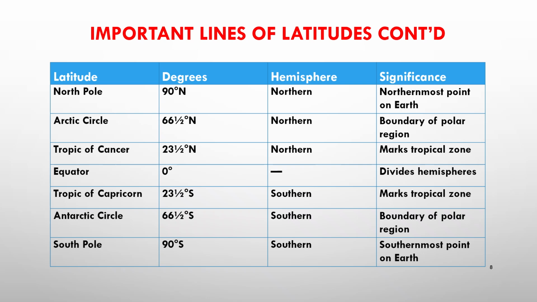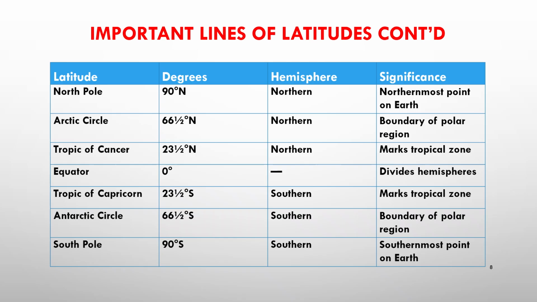Good. Then Tropic of Capricorn, 23.5 degrees south. And the Tropic of Capricorn marks the southern limit of the tropical zone. Here the sun is directly overhead at the winter solstice. Then we go to the Antarctic Circle, 66.5 degrees south, and it marks where the polar region begins in the southern hemisphere, like the Arctic Circle.